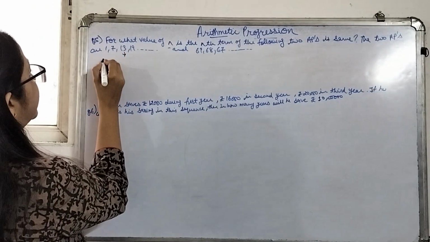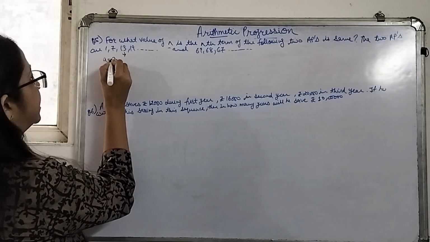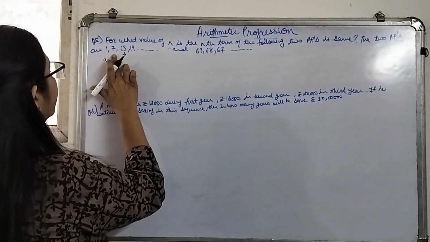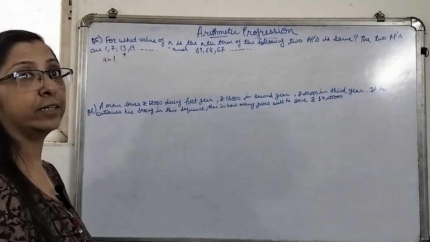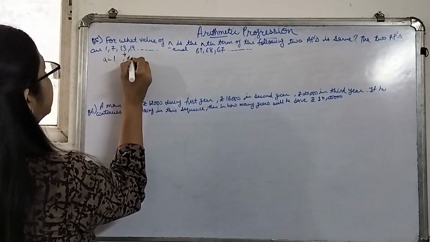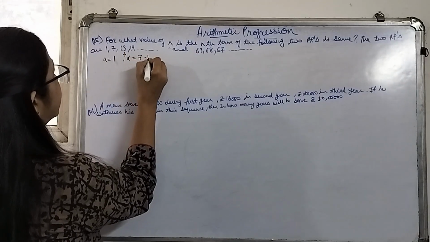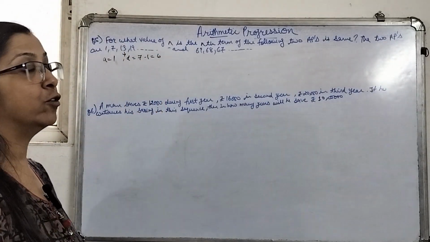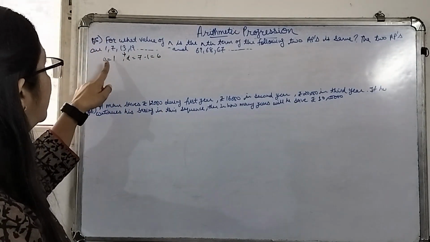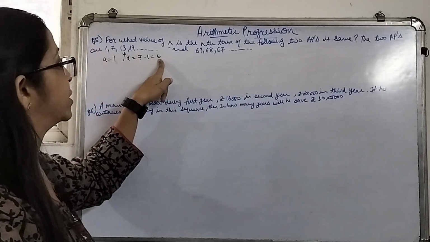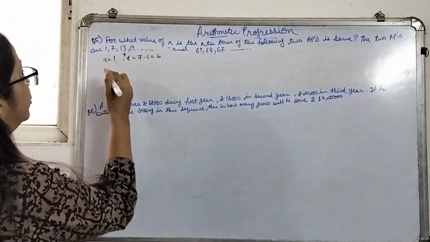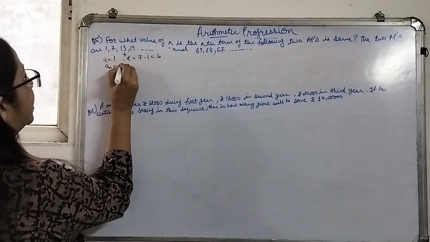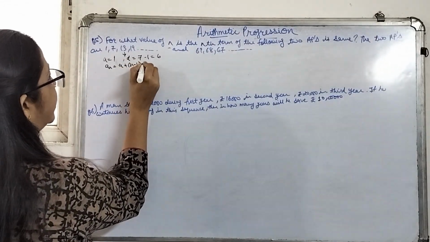We can see over here that the first term of the AP, that is a, is 1. The value of a is 1 here, and the common difference d is 7 minus 1, that is 6. For this AP, the first term is 1 and the common difference is 6. So we know that the nth term is a plus n minus 1 into d.